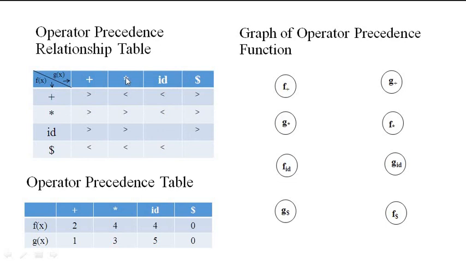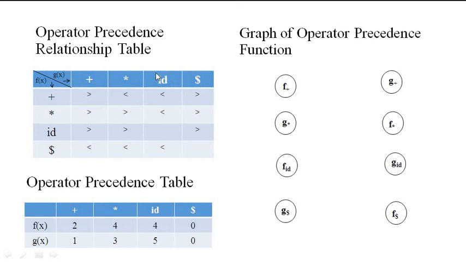For example, if you have a plus b into c, then first b into c, multiplication, is executed before addition. So first execute b into c, then the result of b into c is added with a. So multiplication priority is higher.